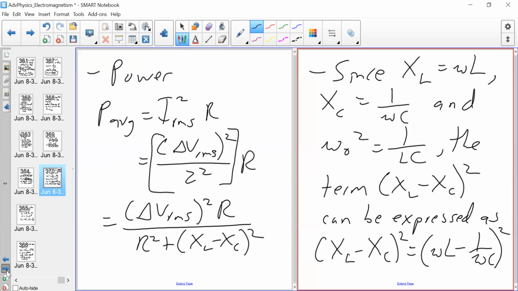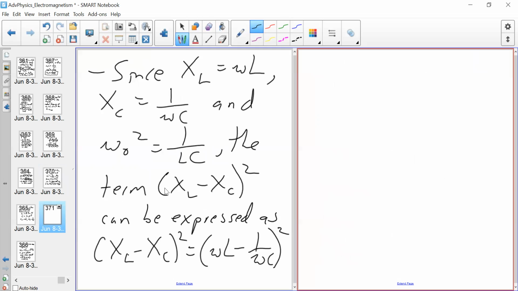And then we take that through. I'll spare you the tedious algebra I have on my paper here, and that basically comes out to be L squared over omega squared times omega squared minus omega naught squared. When we solve everything out and simplify, that is our XL minus XC. It reduces to that.